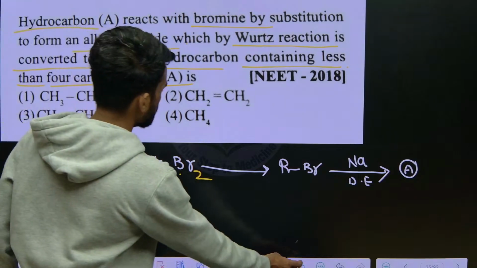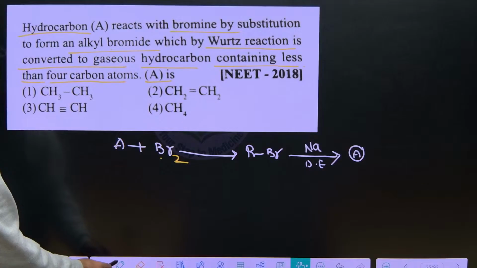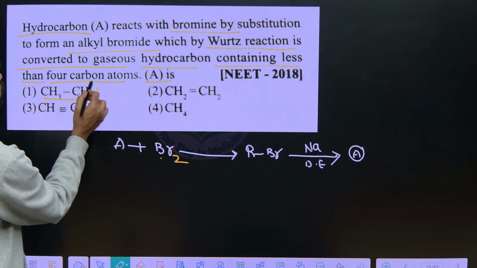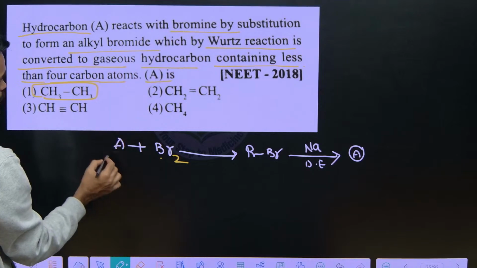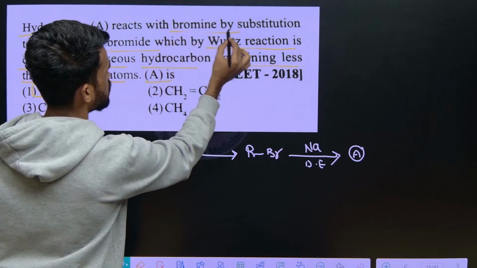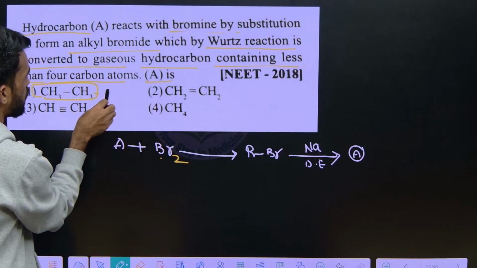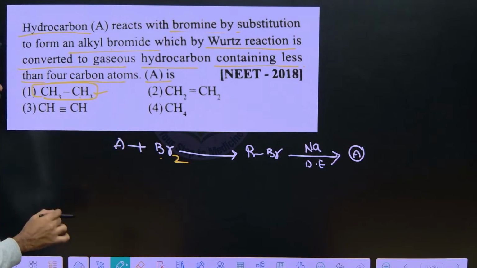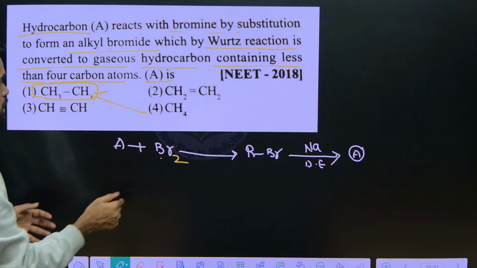So they are saying substitution reaction, less than 4 carbons. Substitution reaction of bromine takes place only on alkanes, by removal of hydrogen, and the bromine atom comes there. So what are the alkanes here? We have options 1 and 4 as alkanes.